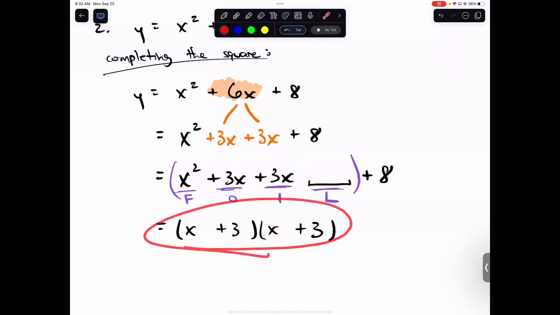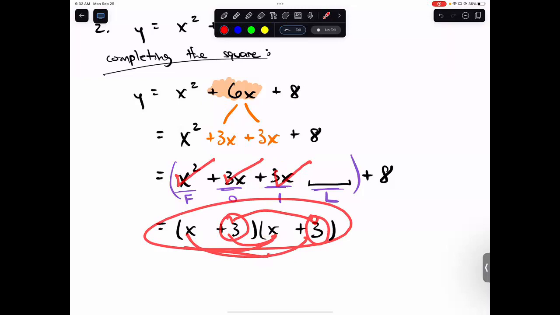Multiply this out. x squared plus 3x, check, check, plus 3x. But then there's another thing. Plus 3 times 3, 9. That's the missing part, right?